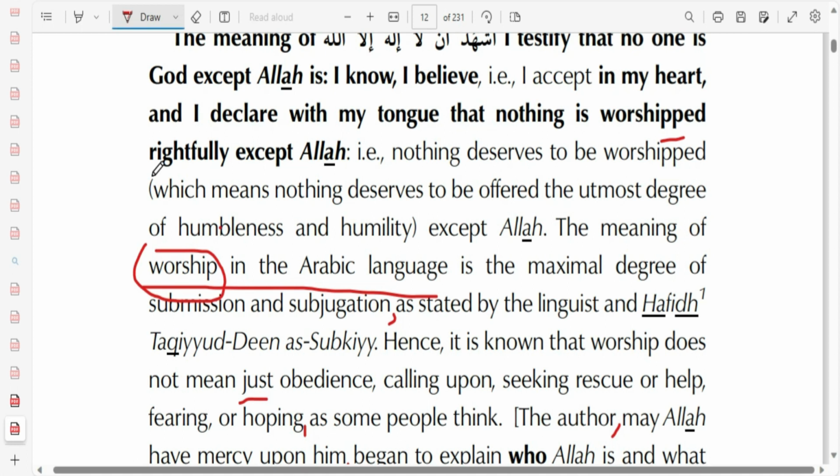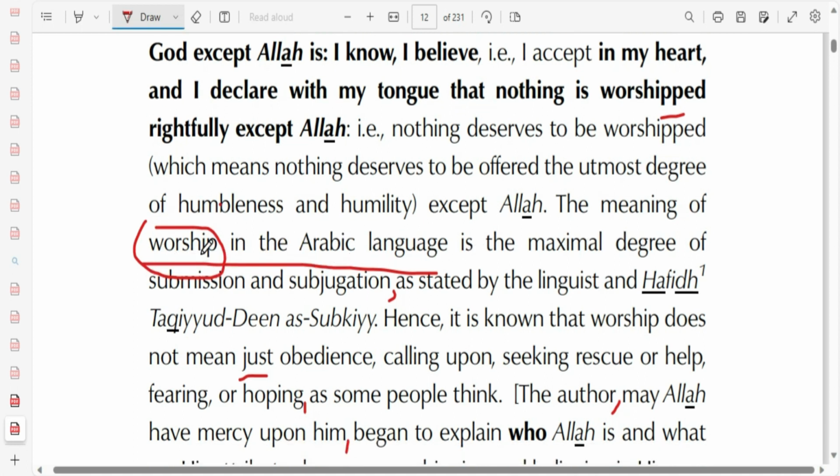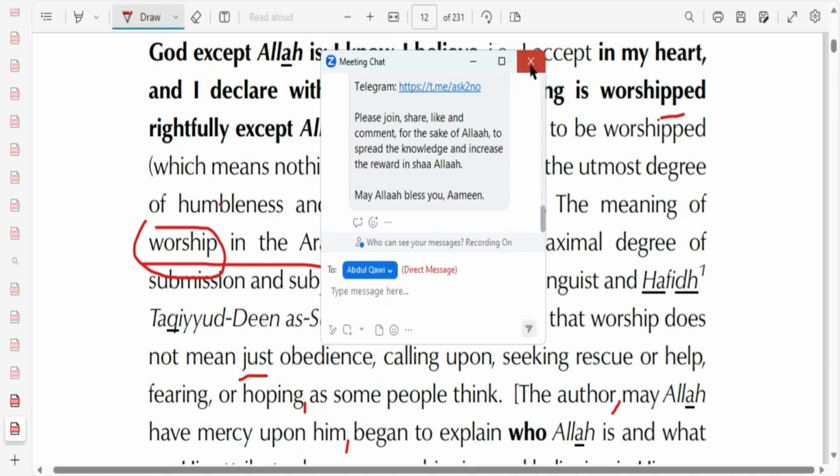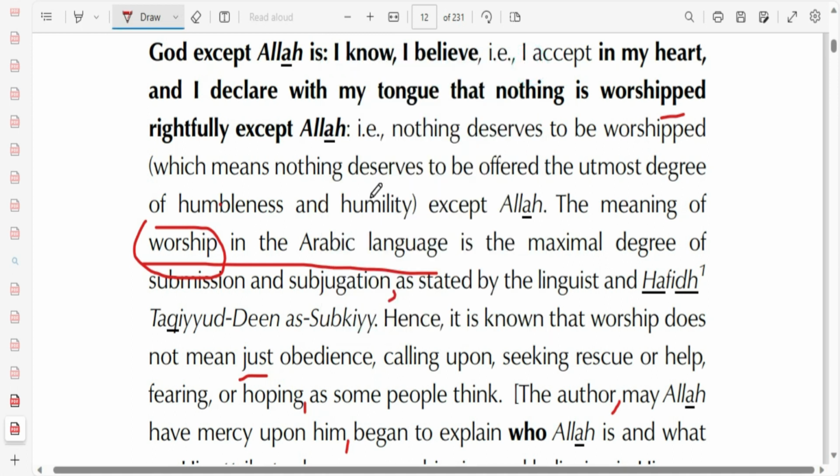So the meaning of ibadah in the Arabic language, which we would translate as worship, is the maximal degree of submission and subjugation. But there is a way to explain this. Yani, the meaning of worship, not the word worship, but the concept of worship, that would be explained in Arabic. Maybe that's what they meant when they translated it that way. That's clear? Yes, it is.